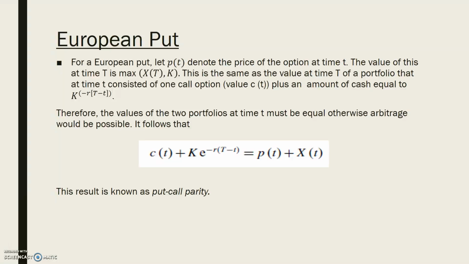Therefore, the values of these two portfolios at time lowercase t must be equal, otherwise arbitrage would be possible. That follows the equation C(t) plus K e to the negative r(T minus t) should be equal to P(t) plus X(t). And this result is usually known as put-call parity.